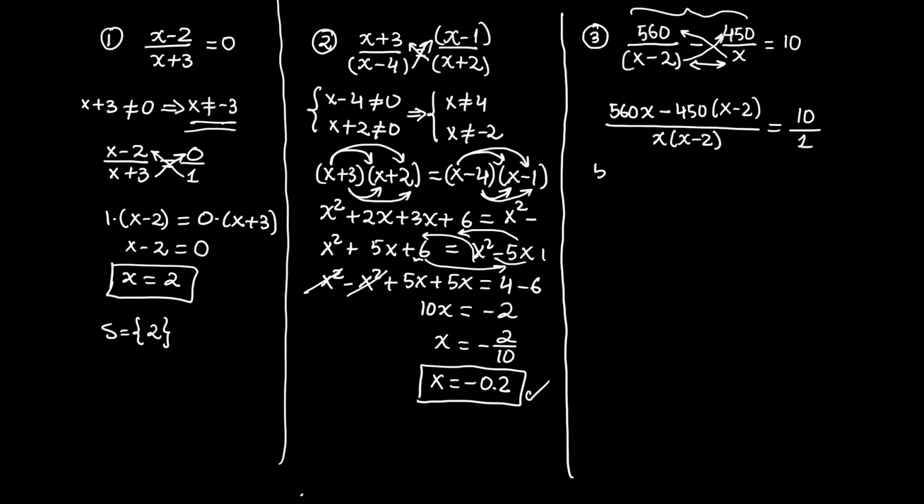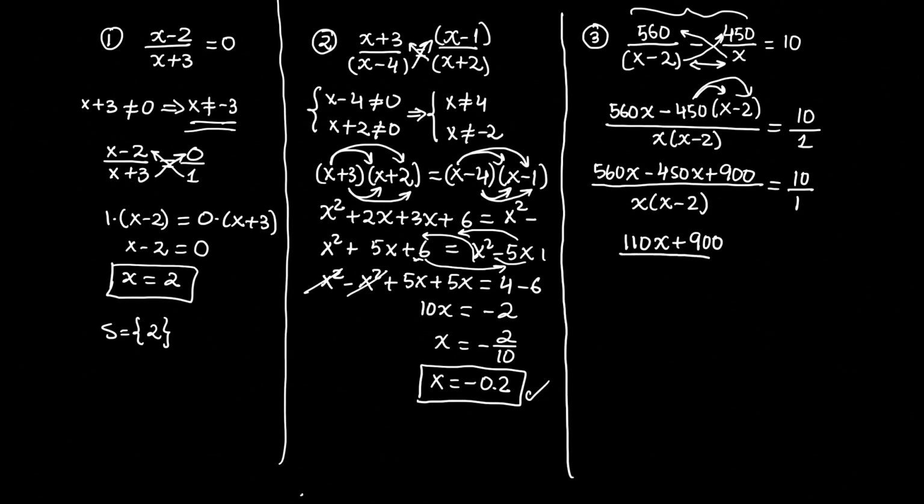So I have 560x minus 450x plus 900, sorry, because I multiplied this by this one and this by this one, dividing by x times x minus 2, equal to 10 divided by 1. Now I get 110x plus 900 divided by x times x minus 2 has to be equal to 10 divided by 1.